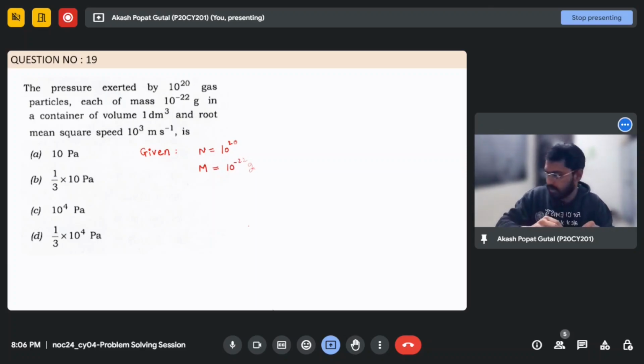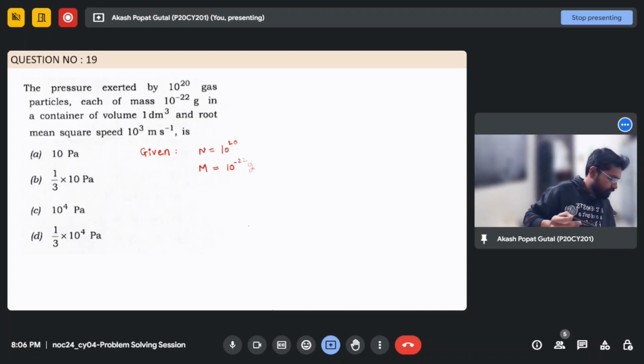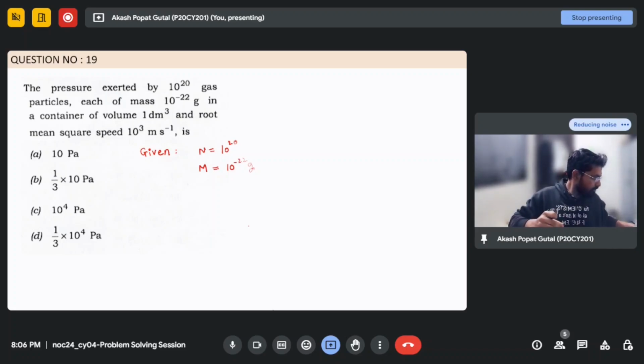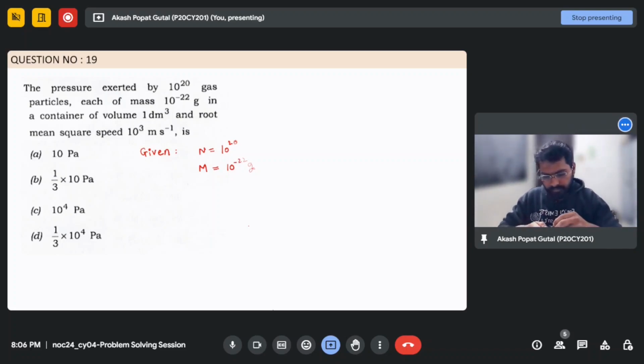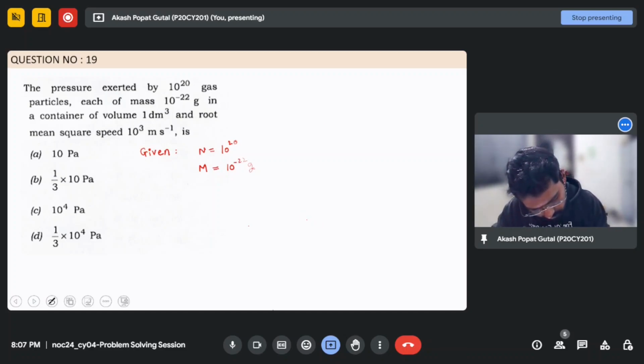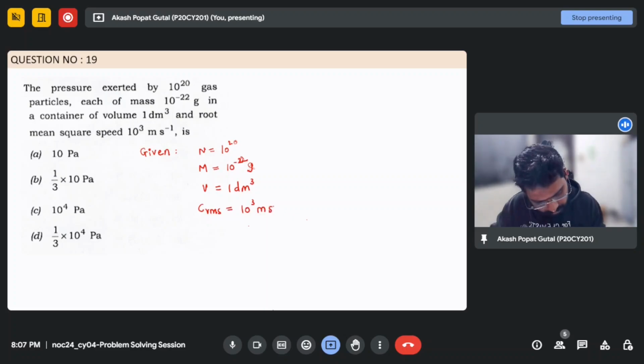You solve the question, I just change it. So the volume given is 1 dm cube, and RMS speed is given as 10 raised to 3 meter per second.